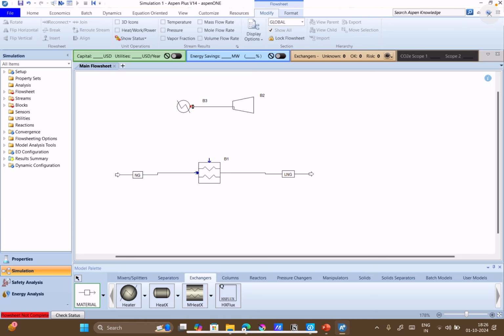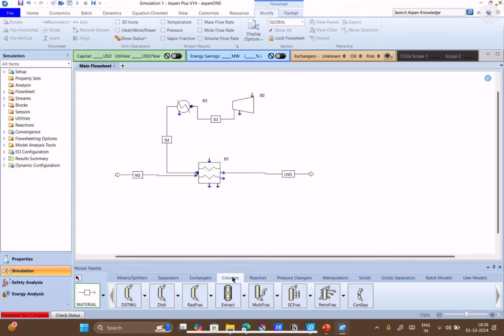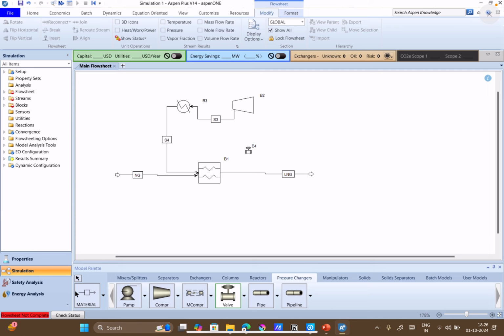The compressor outlet is further cooled down, and that will go here. We need a pressure changer, so let me add a valve.